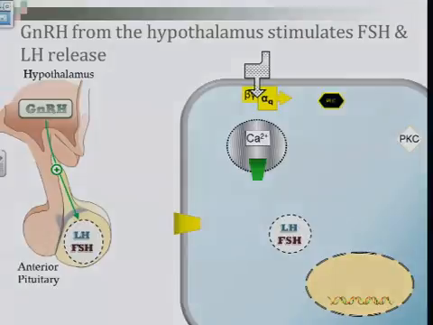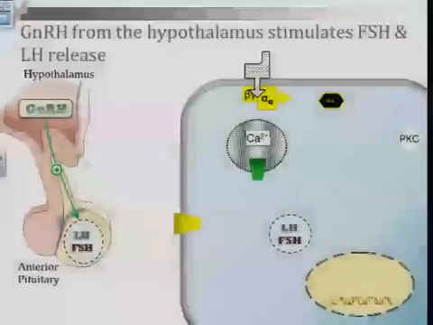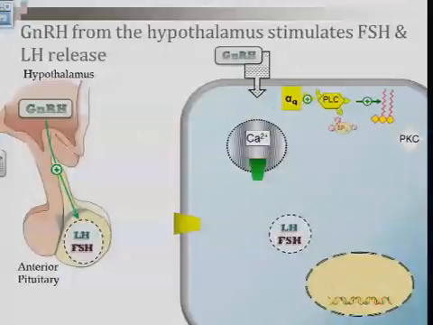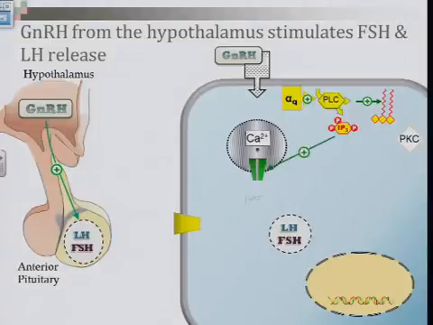All right, so gonadotropin-releasing hormone binds to its receptor. That activates phospholipase C, giving diacylglycerol and inositol triphosphate. The inositol triphosphate promotes internal calcium release.